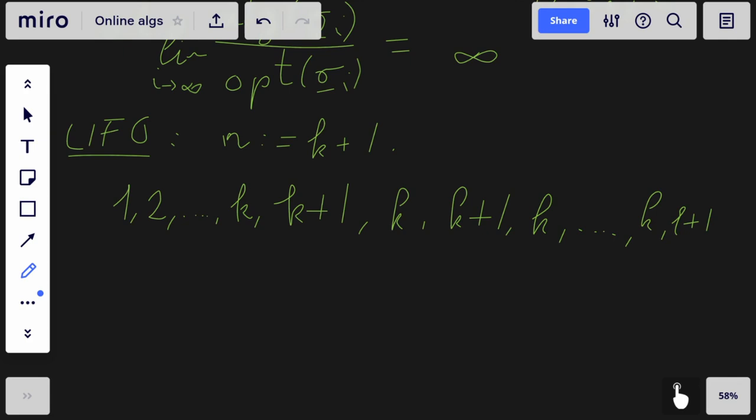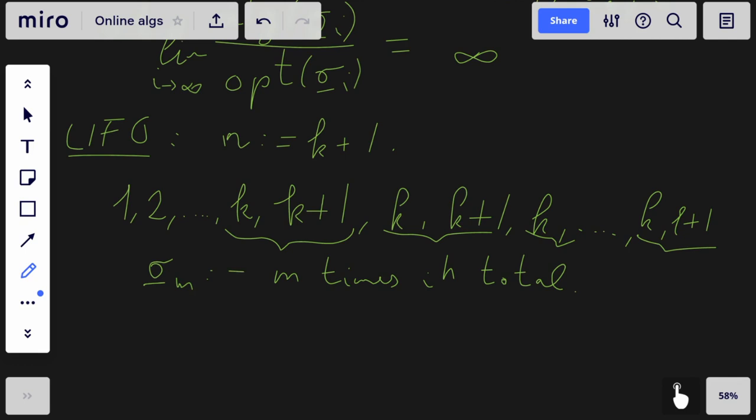So this k plus 1 will appear m times in total. So this is a block, this is a block, and so on, and this is the last block, the mth. So let's just denote this sequence by sigma m. I'm not indexing with i, I'm indexing with m at this point, but it doesn't really matter.